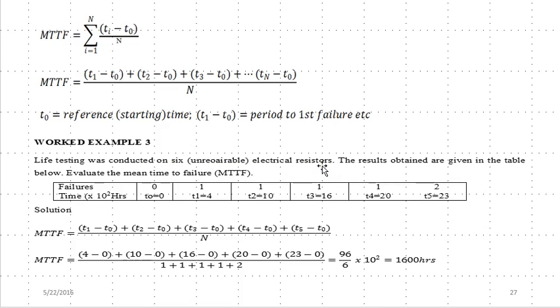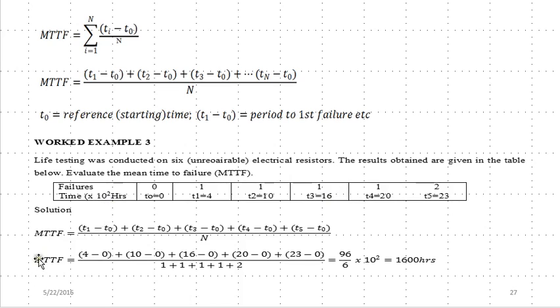They are unrepairable. The results obtained are given in this table. We are asked to evaluate the mean time to failure of these resistors. At time 0, 0 failures; at time 4, 1 failure; another failure occurred at time 10, another at time 16, time 20, and time 25. And all these values are multiplied by 10 squared, which is 100.